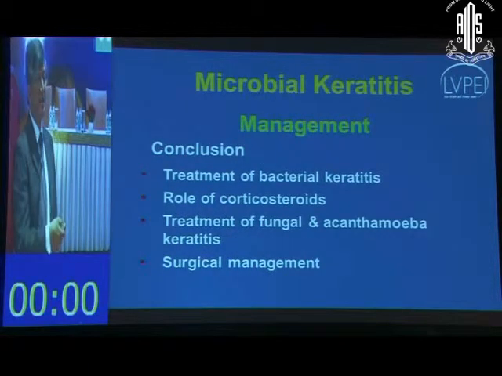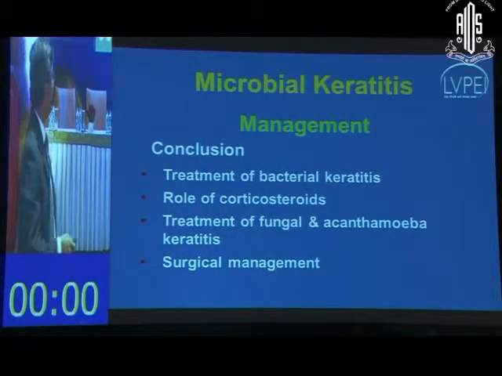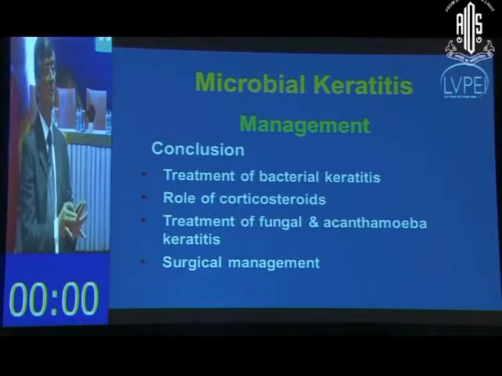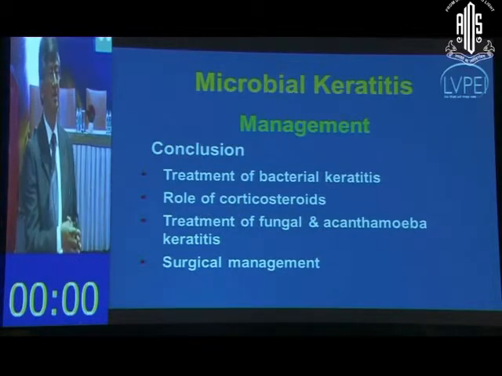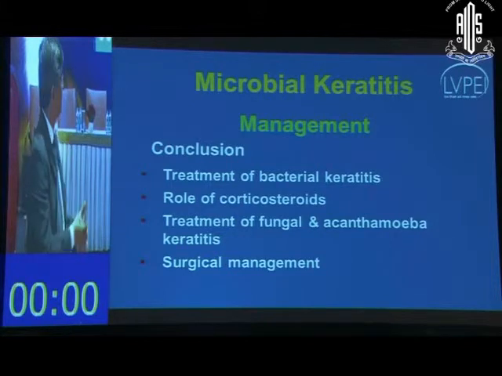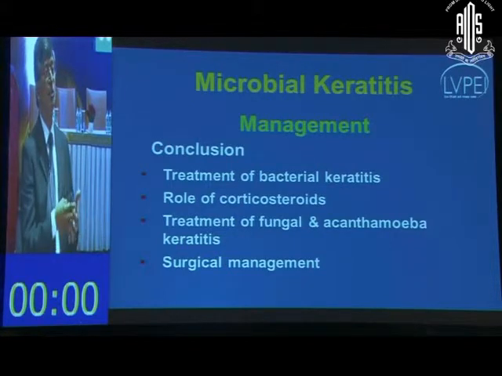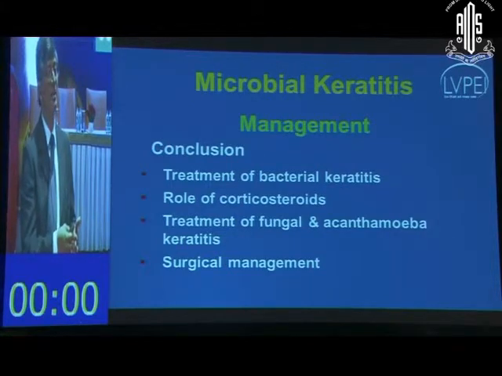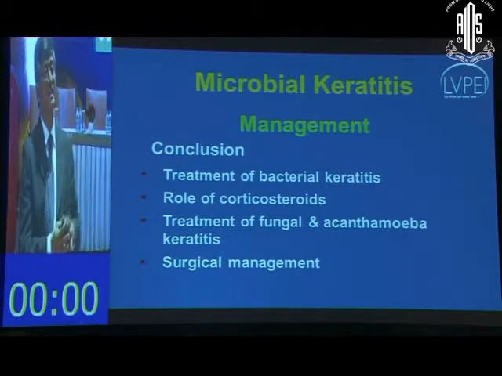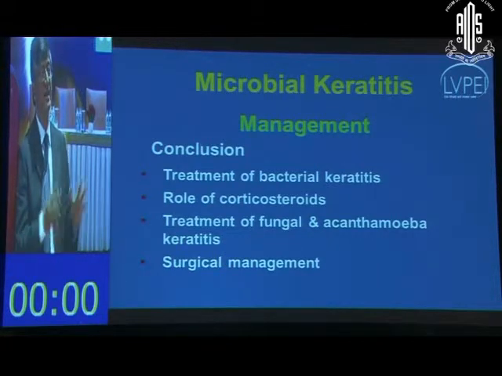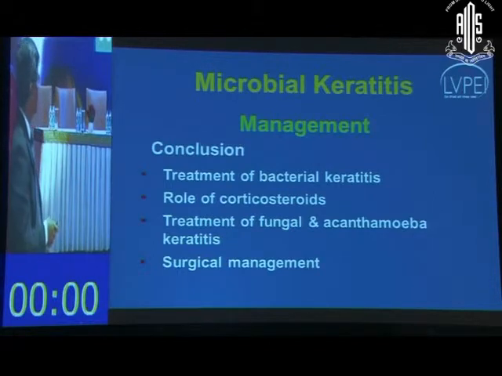So let me conclude this talk by saying that we discussed some of the principles in the management of bacterial corneal ulcer. We also discussed the role of corticosteroid and concluded that corticosteroids have very limited role in the management and should best be avoided whenever you are dealing with cases of corneal ulcer.